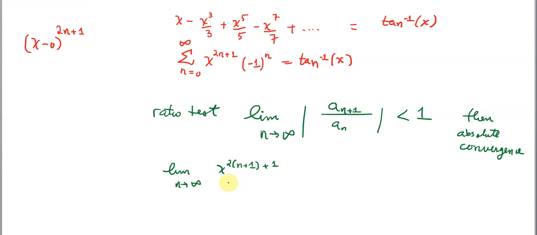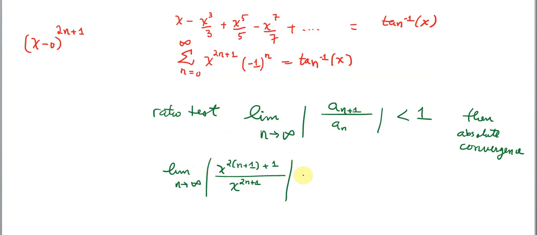And then the negative 1 to the nth here we can ignore because we're dealing with an absolute value sign. And then in the denominator, we're going to have the a sub n term, which is x to the 2n plus 1. And again, we're going to check if that limit is true.